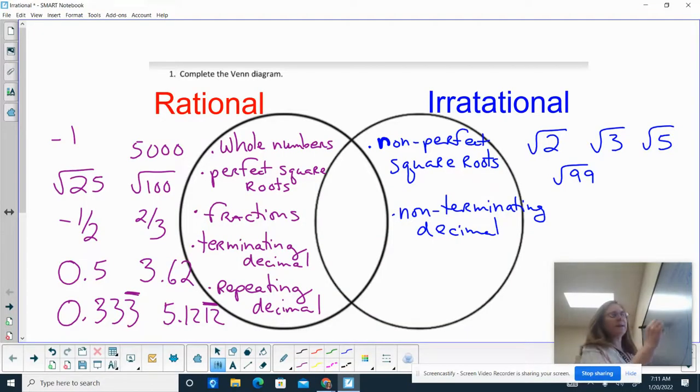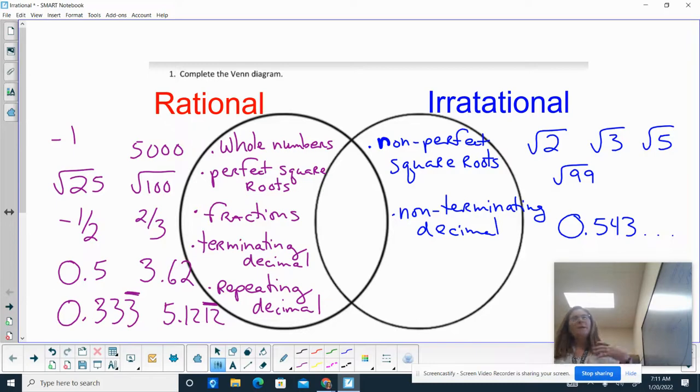So it looks like this. So I'm just going to put an example. Dot, dot, dot. That dot, dot, dot means that it's going to continue off into infinity, but it does not have a repeating pattern. It's a random sequence of numbers that continue.